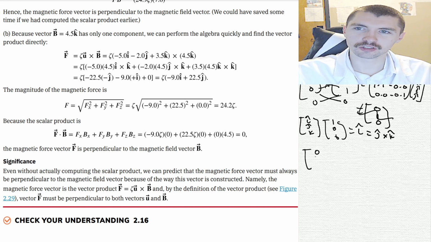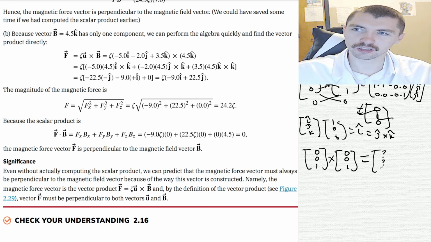So that is 0, 0, 1 cross 0, 0, 1. And the answer is going to be something, something, something, a, b, c, and that's going to be k hat.